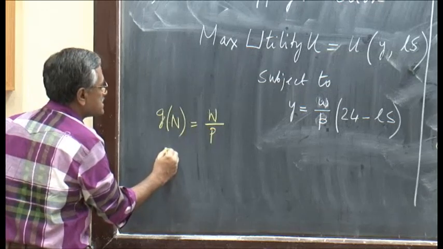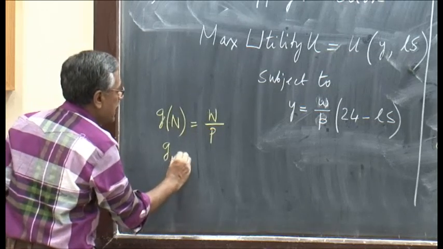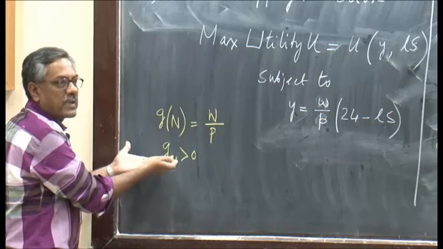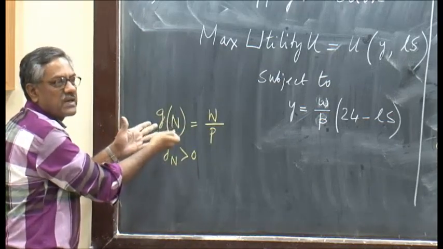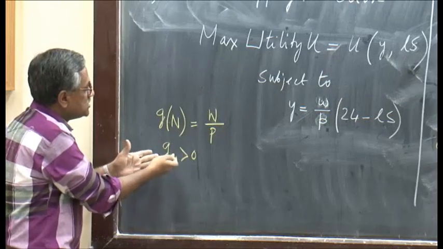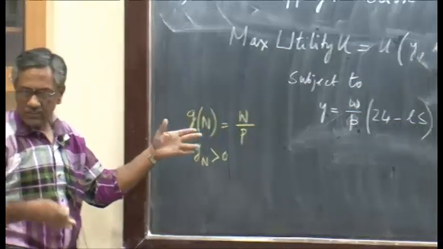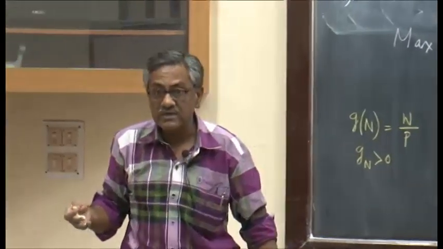What I'm saying is that G subscript n with respect to W over P is greater than 0. This represents the total implicit supply function of labor. Gn is positive, which means as W over P increases, the number of hours working increases.